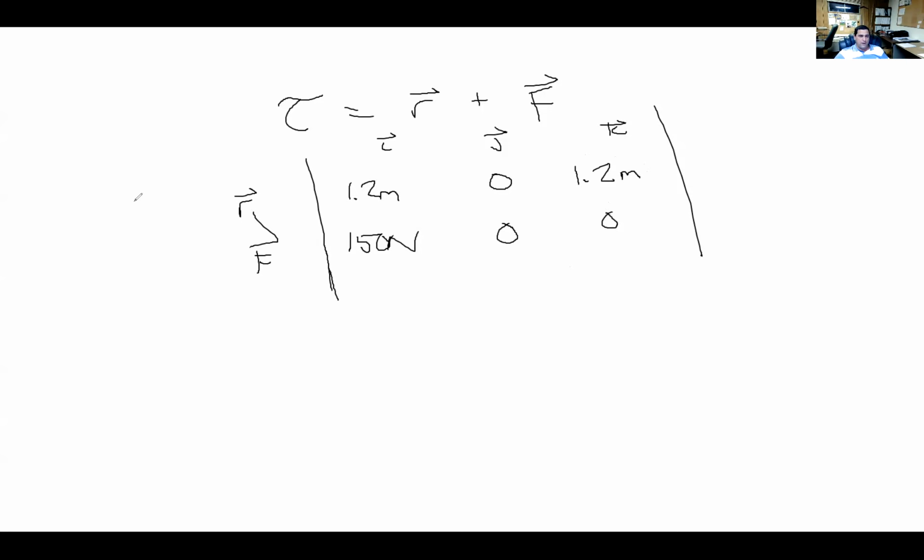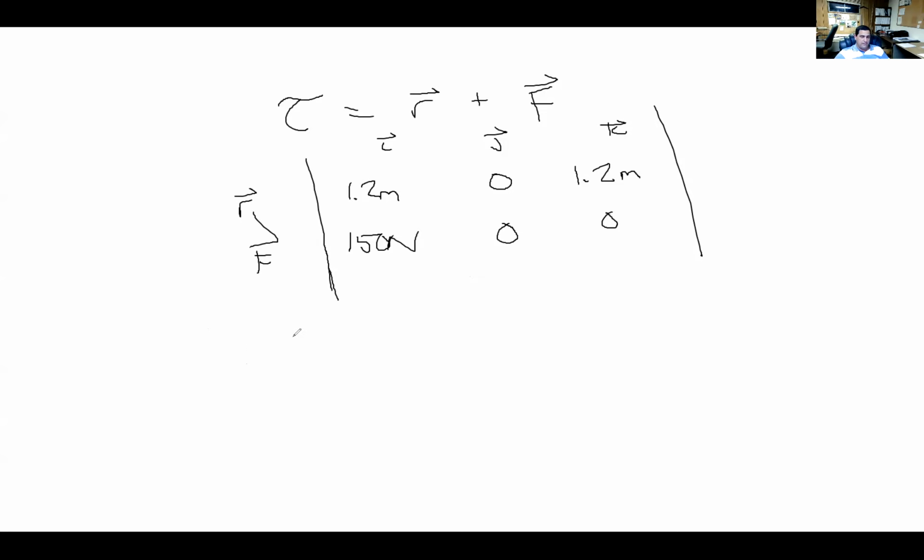So now we're going to do that multiplication and addition and subtraction based on the equation that we were given 2 slides ago. For I, you're going to cover up I, and it's 0 crossed with 0, 0 crossed with 1.2.